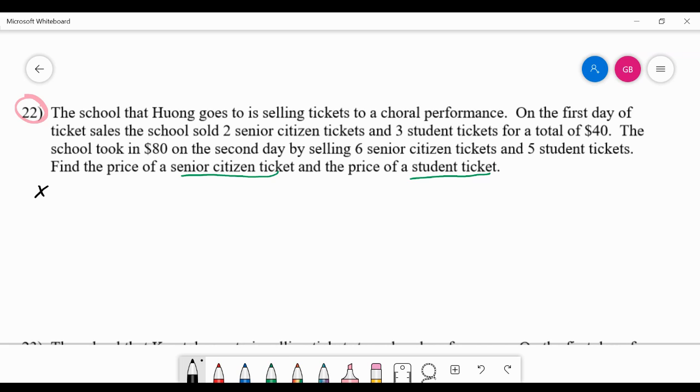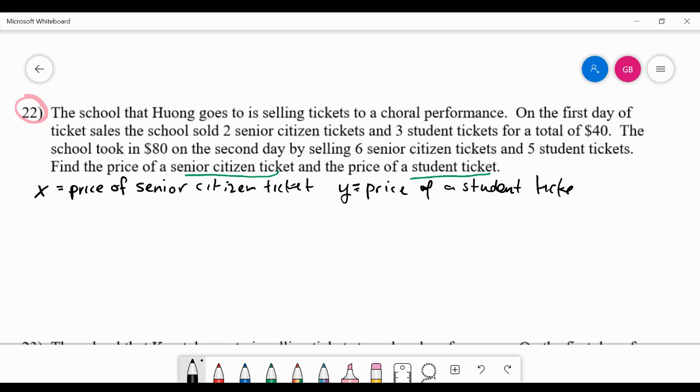So x can equal the price of a senior citizen ticket, and y could be the price of a student ticket. Okay, those are my unknowns. Now let's make equations.